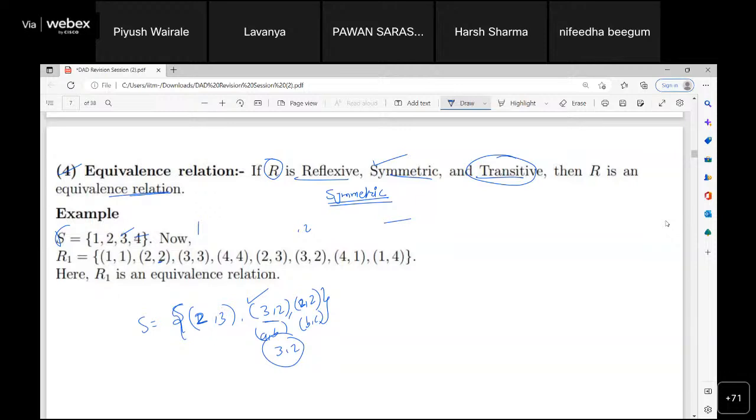So this is transitive. For all the cases, my condition of transitive is getting satisfied. So if elements exist like a comma b and b comma c, you have to check where the b value is the same, then there should exist a comma c. Then I can say my relation is transitive. Is it okay? Yes, sir.